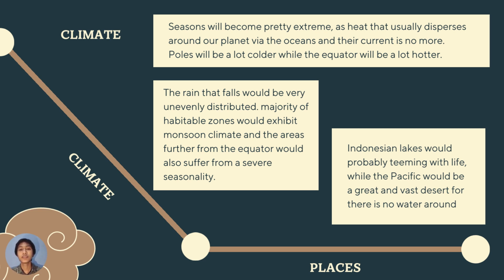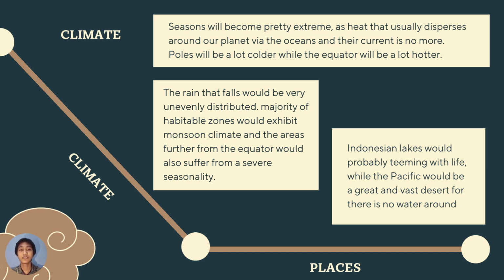Basically, seasons will be pretty much messed up. The hot will be insanely hot, the cold will be very cold, and there will probably not be much of those golden zones where it's habitable and warm and suitable for farming in general.